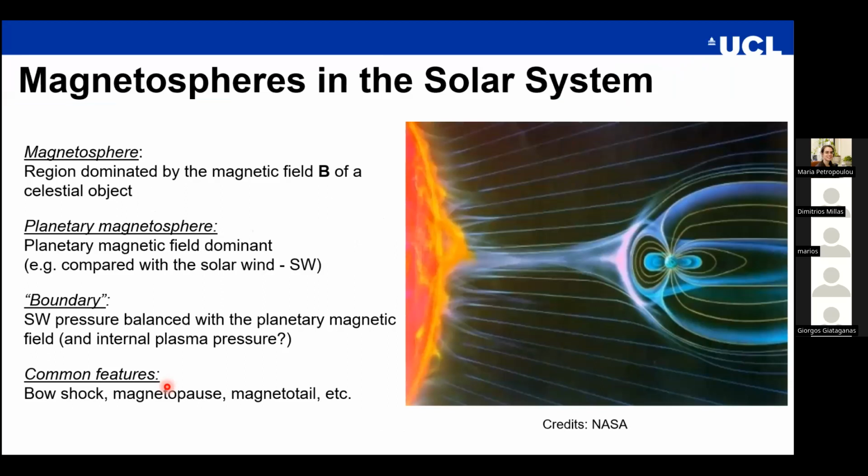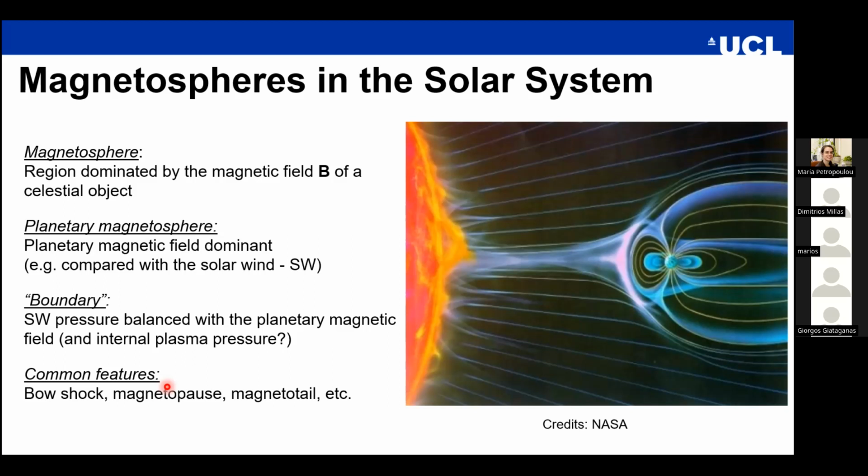So just to be on the same page, when we talk about magnetospheres of any object in the universe, we talk about the region where the magnetic field of this object is dominant. Of course, when we talk about planetary magnetospheres, the magnetic field of this particular planet is dominant compared to the solar wind or the stellar wind. Of course, in astrophysics, we like to define boundaries, but quote-unquote boundaries because they're not sharp transitions.